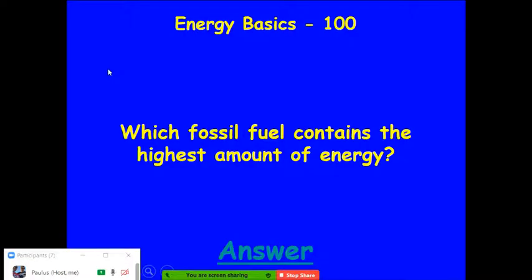Which fossil fuel contains the highest amount of energy? Let's see.